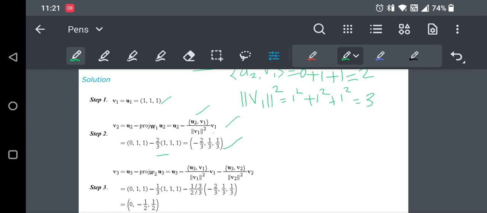Similarly, we need to calculate the value for v3, and the formula is u3 minus projection of u3 under w2. So u3 minus inner product of u3 comma v1 by norm v1 square into v1 minus inner product of u3 comma v2 by norm v2 square into v2. What is the inner product between u3 and v1?